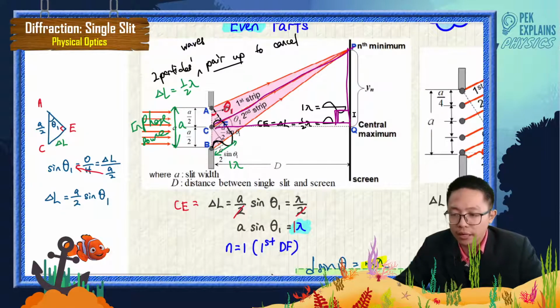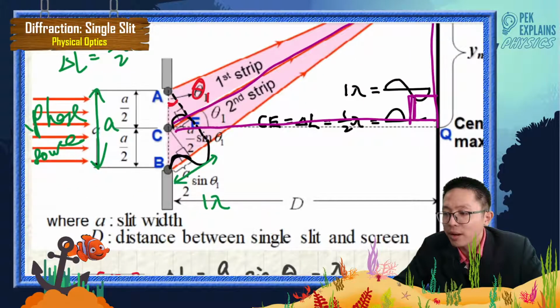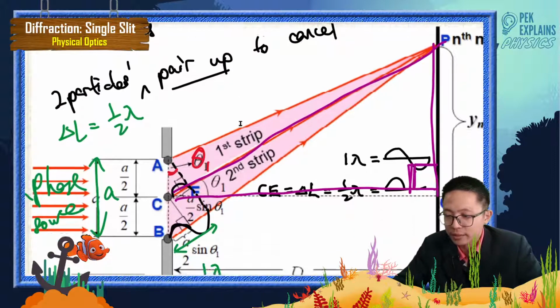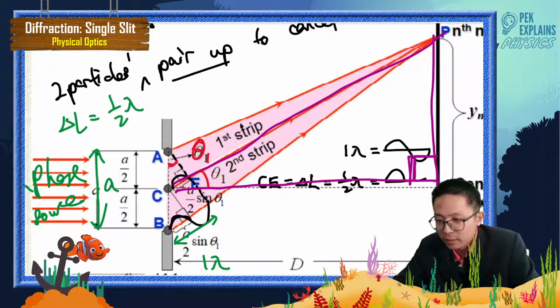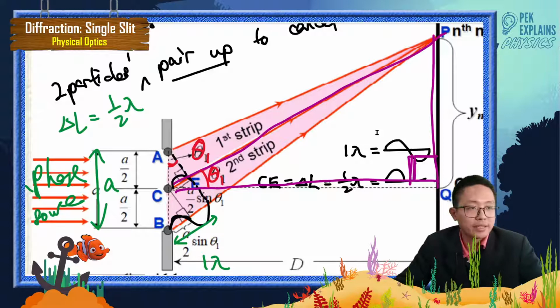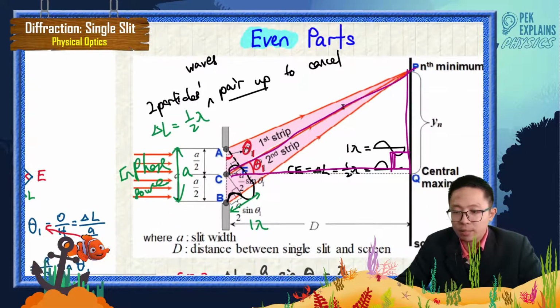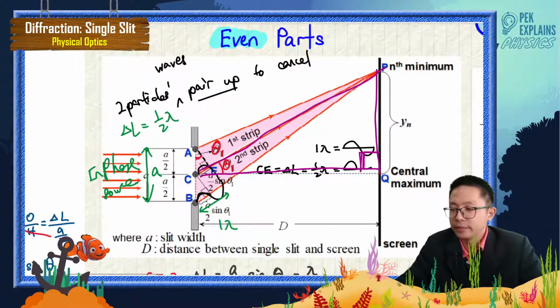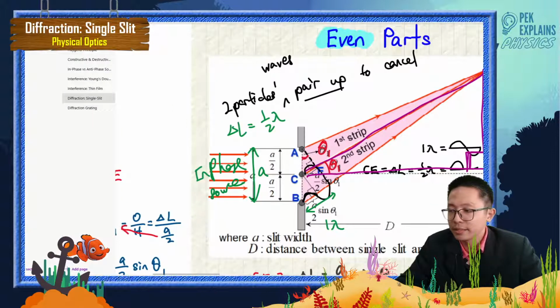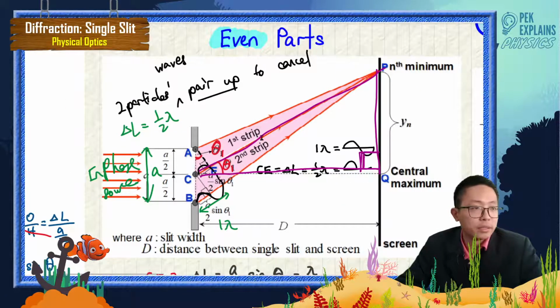This one will relate to yn and d, and here also is another theta 1. So it's the same thing: the single slit is the same as the double slit, with the big triangle and the small triangle.